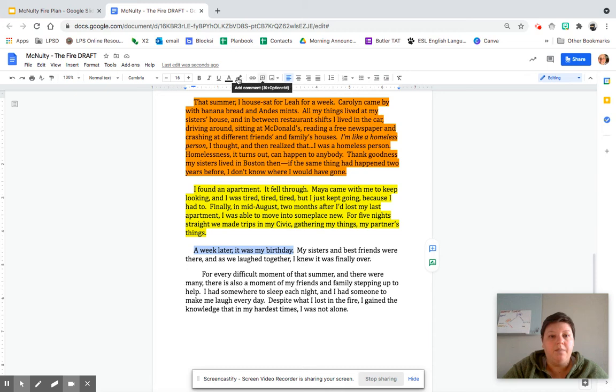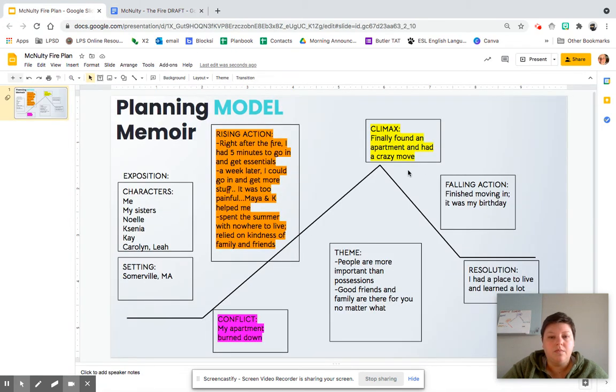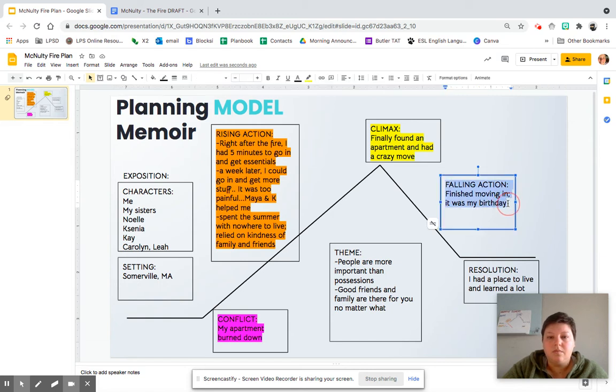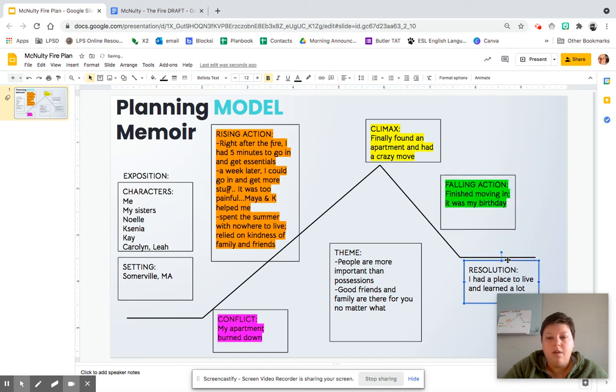It's going to be green. And then the resolution was that I had a place to live and I learned a lot, because that's the end of the story.